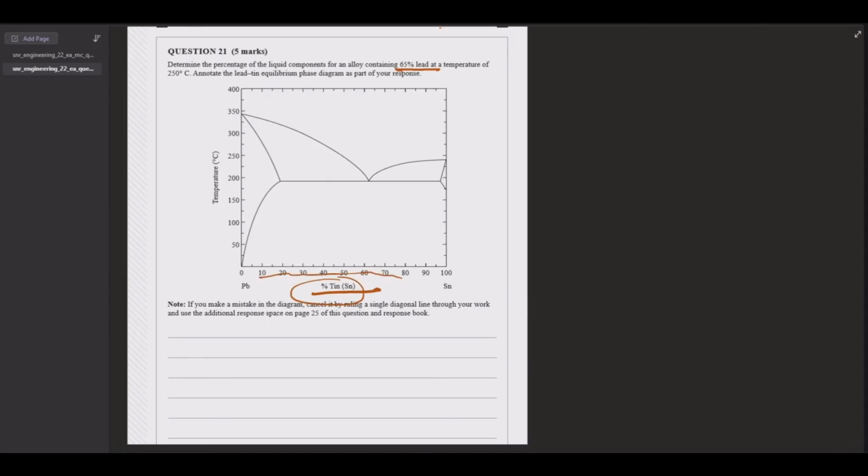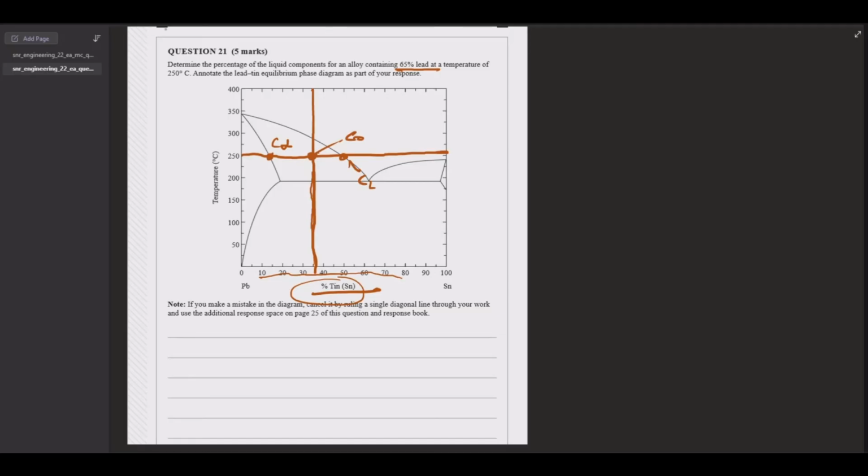So, 65% lead, that is going to be 35% tin. So let's draw a line up there. And at 250 degrees, so let's draw that one across there. And let's mark our points. So we have CO, we have CL, the point in contact with liquid, and we have C alpha, the point in contact with solid.